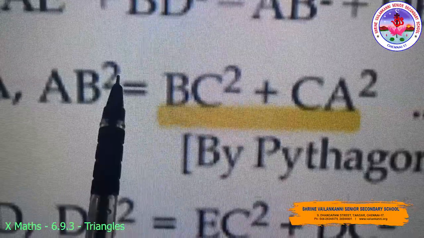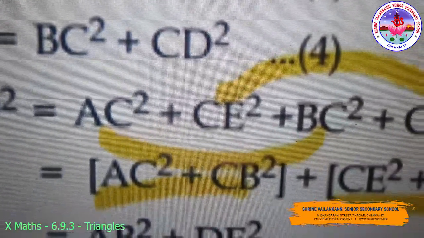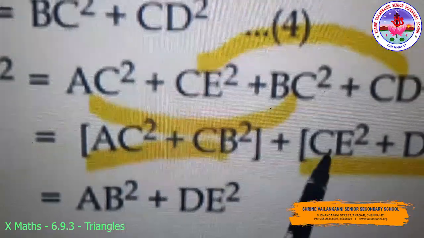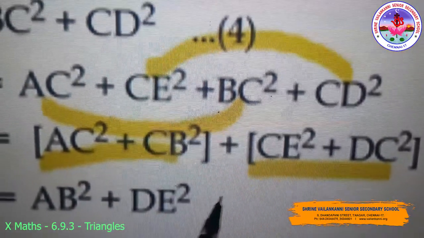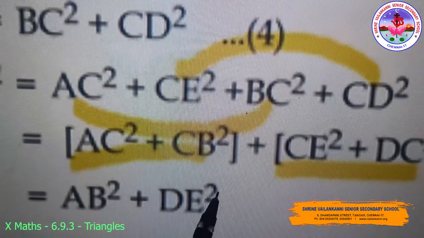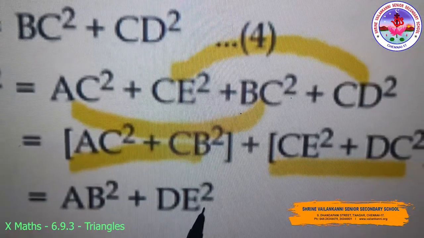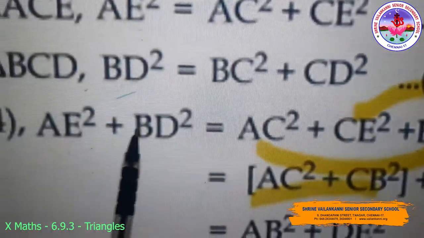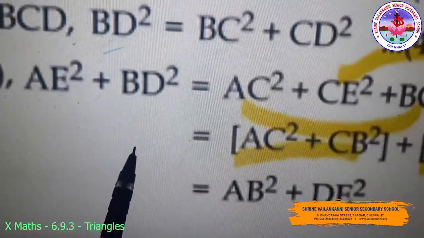So I substitute AB squared in place of AC squared plus CB squared, and CE squared plus DC squared by equation 2 is equivalent to DE square. So I got AB squared plus DE squared is equivalent to AE squared plus BD squared, which is the required proof.